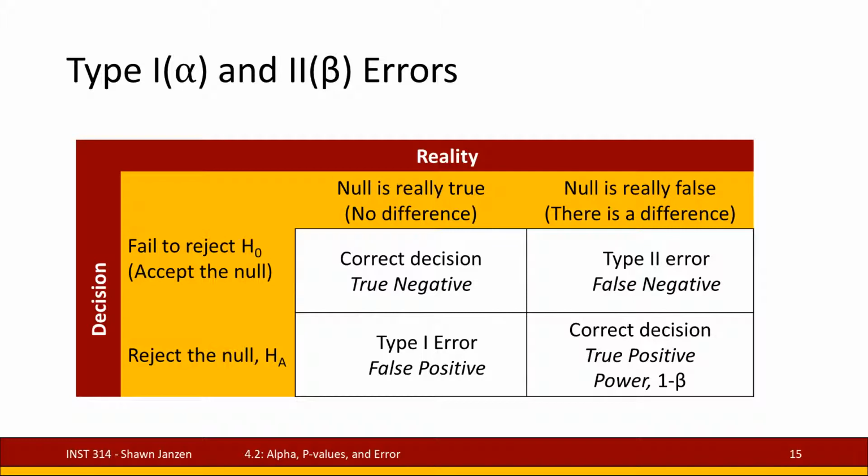Likewise, when we reject the null in favor of the alternative, and the null hypothesis really is false, meaning there is a difference out there, again, you've made a correct decision, everything is fantastic, everything is awesome.